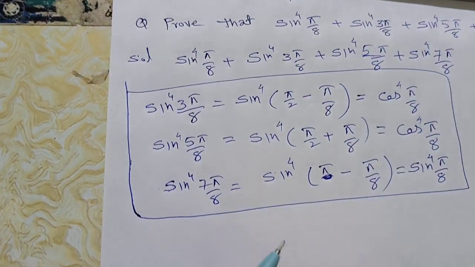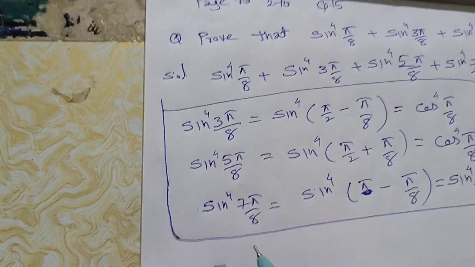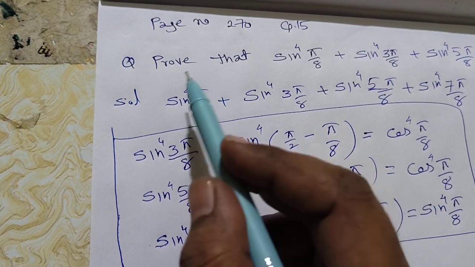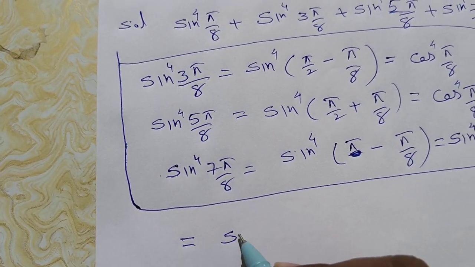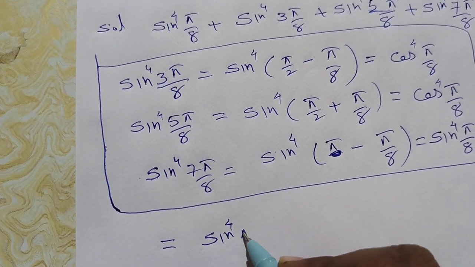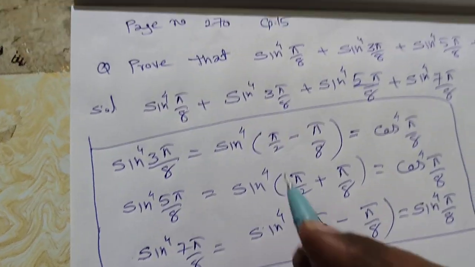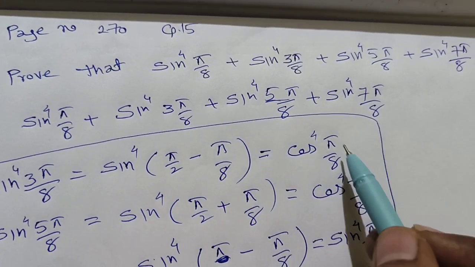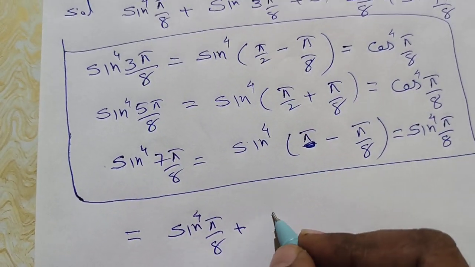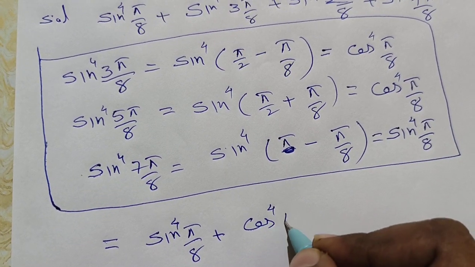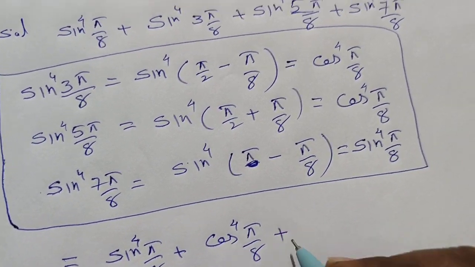So we will substitute here in place of this. The first term we keep as it is: sin⁴(π/8). In place of the second term we write cos⁴(π/8).